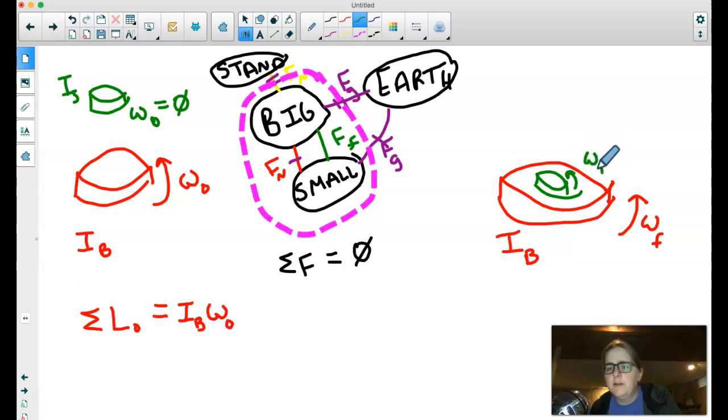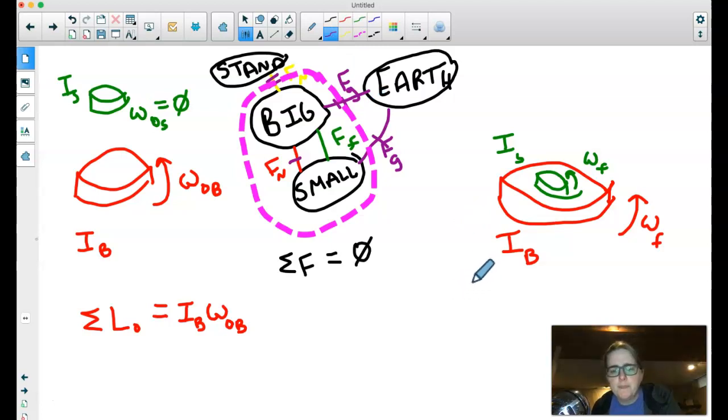And they're rotating with the same angular velocity. So I'm just going to call them both omega f. Whereas over here, I might call it omega naught small and omega naught big, just to make it clear that these are different quantities.